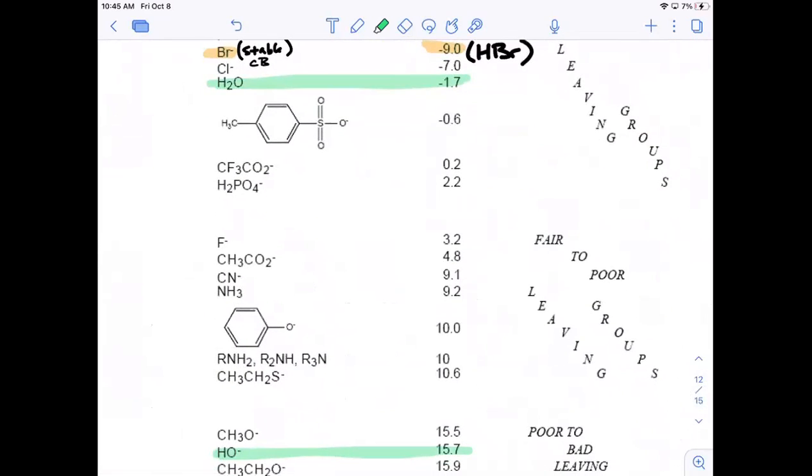It's really about 16 times. The conjugate acid of water is 16 times more acidic than the conjugate acid of the hydroxyl group. So that's why it's such a much better leaving group. And 15.7 is not horrible as a pKa for the conjugate acid of hydroxyl, which is water itself. But the hydronium ion is just a much better leaving group.